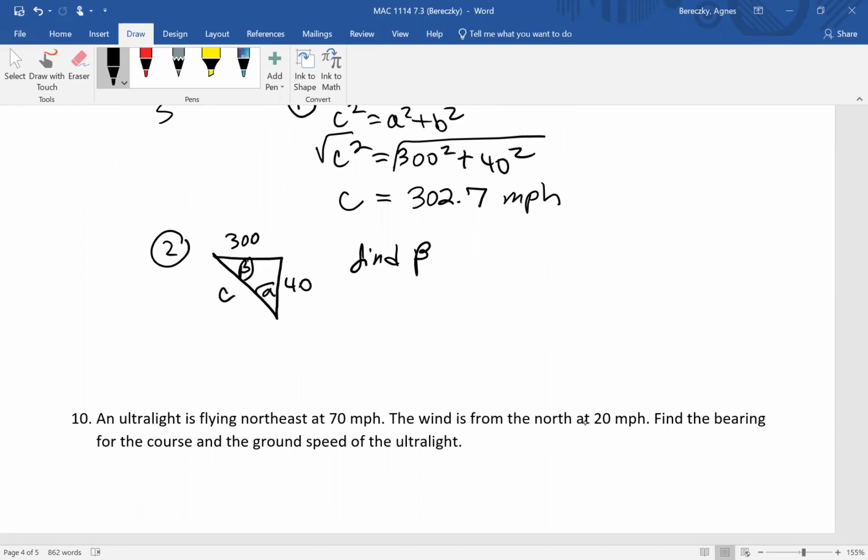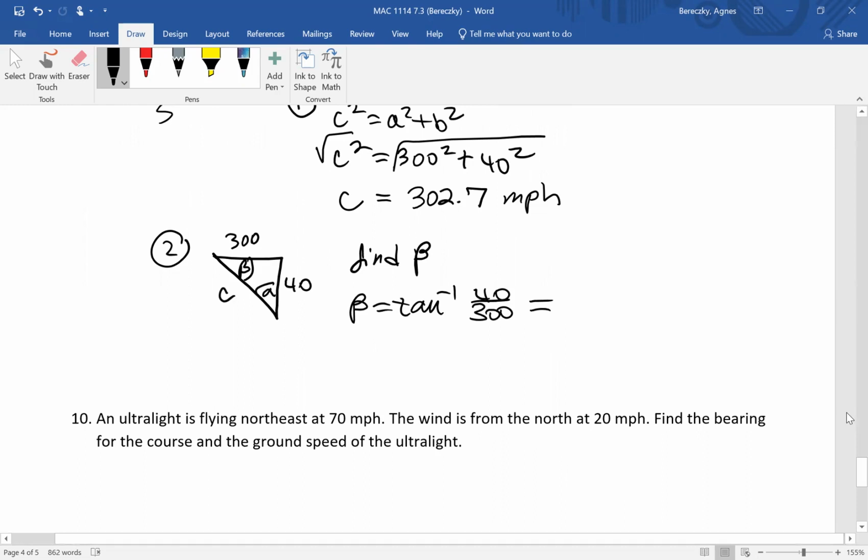So beta equals tangent inverse opposite over adjacent. So that will be about, let's see, tangent inverse 40 divided by 300. 7.6.